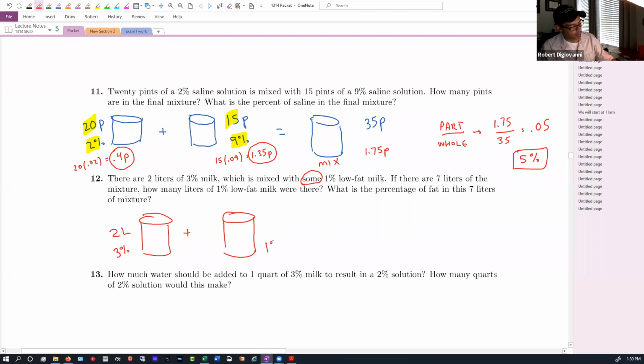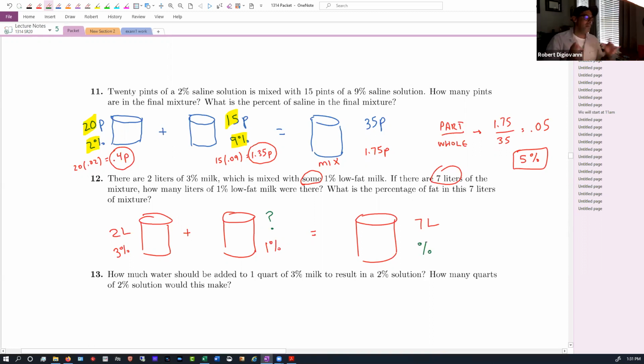So this is 1%, but they don't tell you how much. And it's mixed together, right? And it says if there are 7 liters of the mixture, so they say 7 liters over here, how many liters of 1% are there? So they want to know how many liters you have here, and then they want to know what the percentage is here.